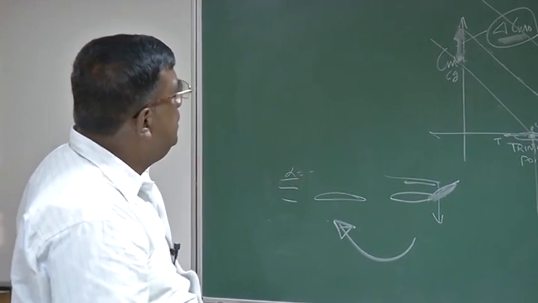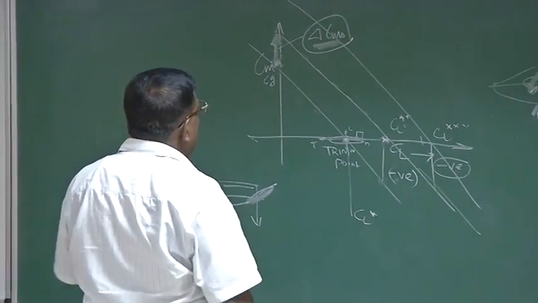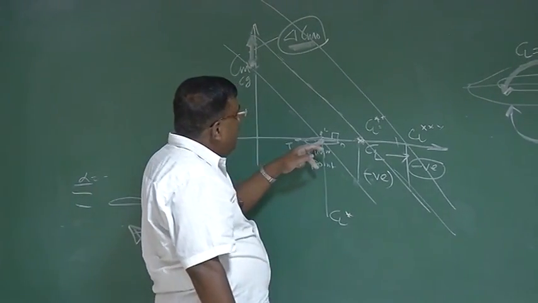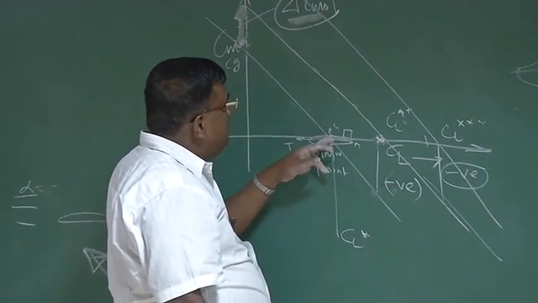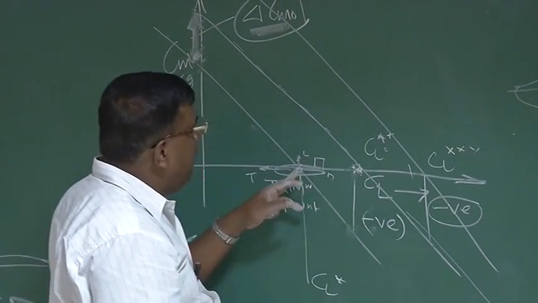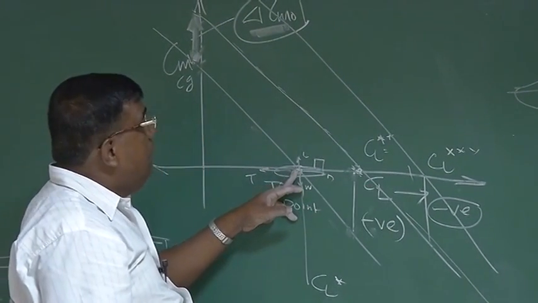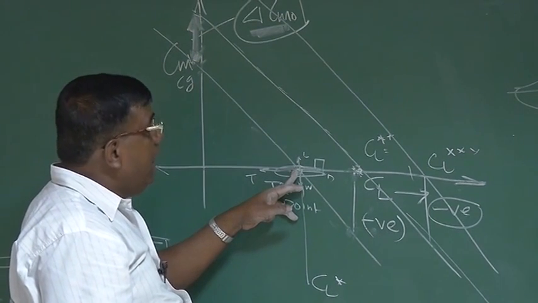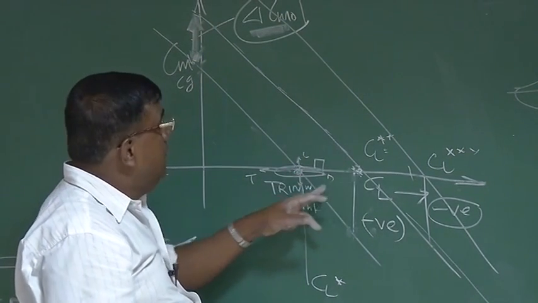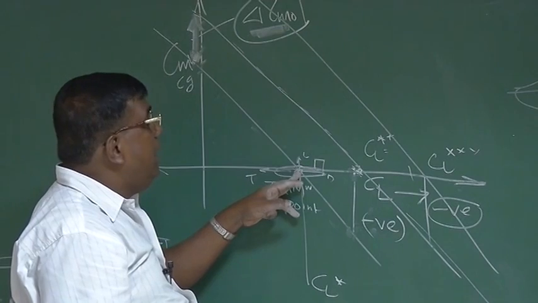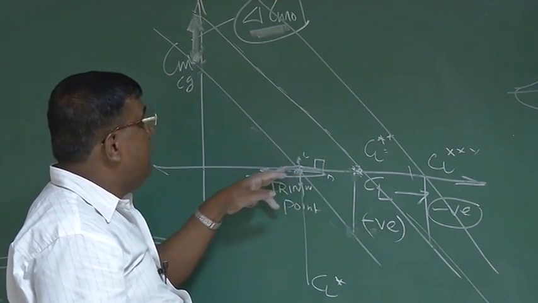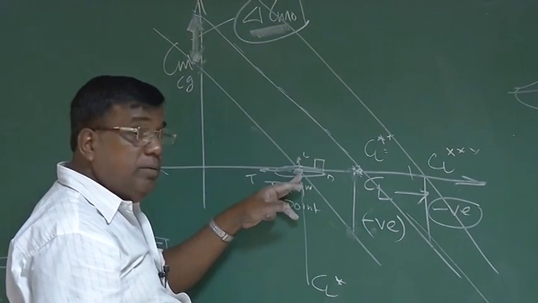I hope you have understood what I am doing, I am having 3 points, 1, 2, 3. I was flying at CL here. I want to fly at another CL. When I was flying here, I checked that I am statically stable because the slope is negative.